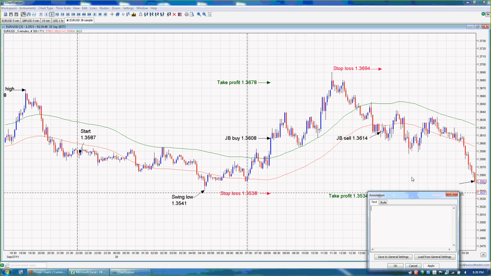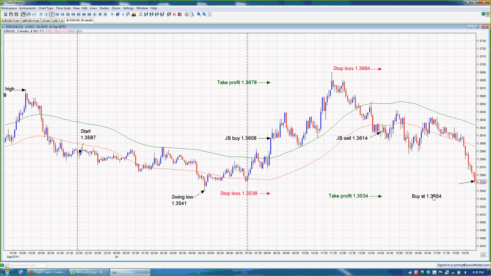You could buy at 1.3554 with spread. You could actually buy it there, right? And if you bought it here, what would it mean? It would mean you locked in 60 points on the trade. So you have 60 from this one and 70 from that one. You had 130 points in the bank for the day.